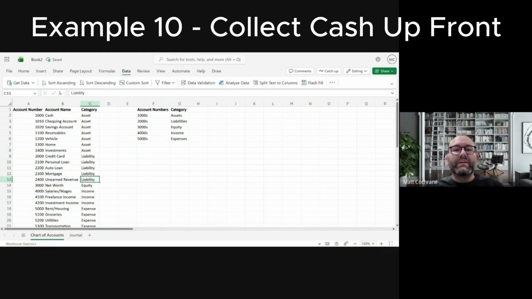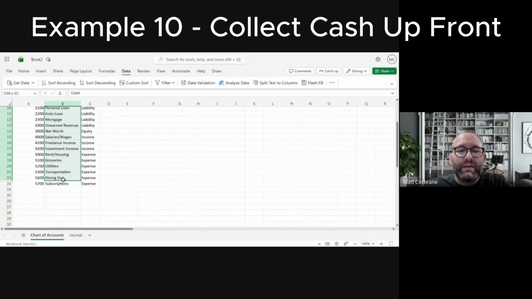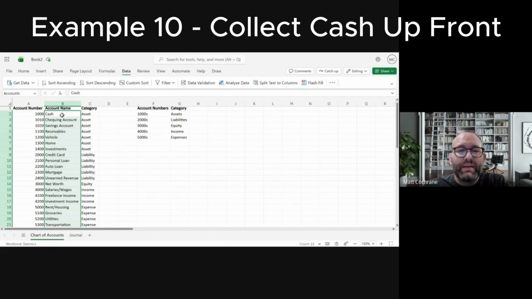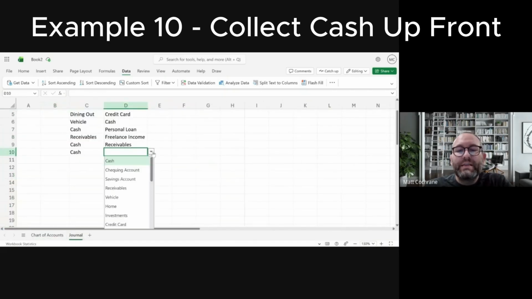Now, it's very important that we update our list. So we're going to select all of these accounts, and we can see here that because I inserted the row, it captured that unearned revenue. Okay. Now, if we go back to the journal, let's see to make sure that unearned revenue is in fact there, and it is.